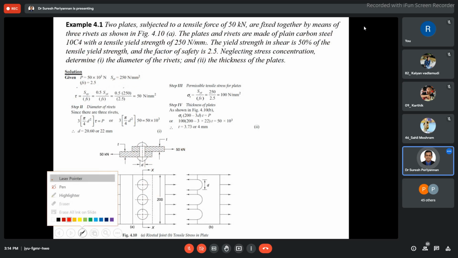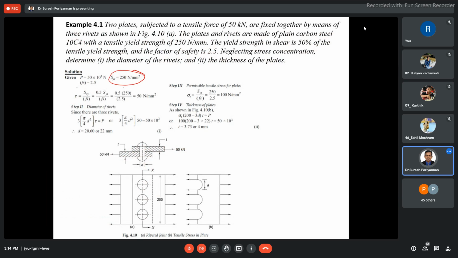Here, people usually make a mistake. They directly take 250 Newton per mm square into 0.5 and consider it as tau. That is absolutely wrong.